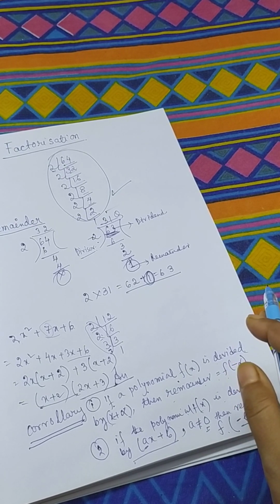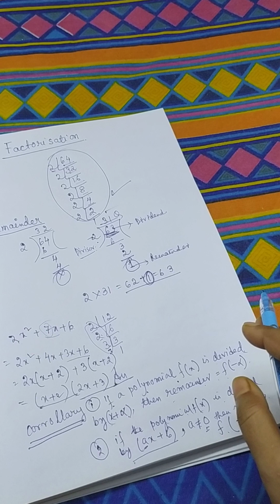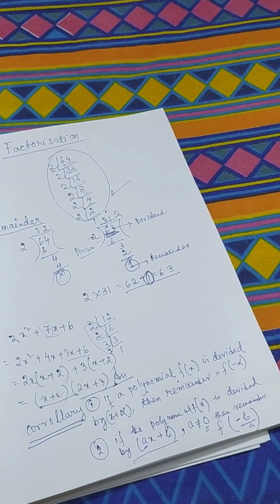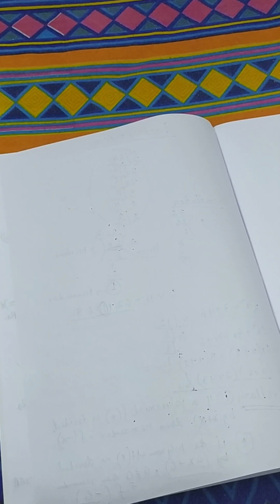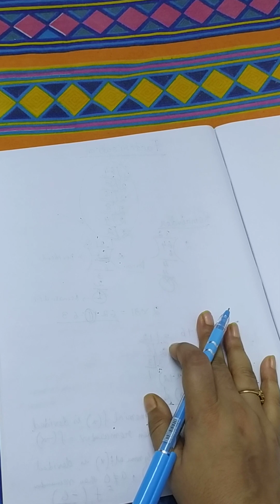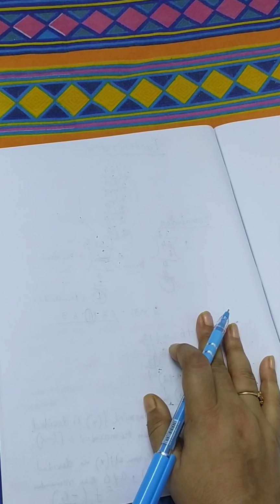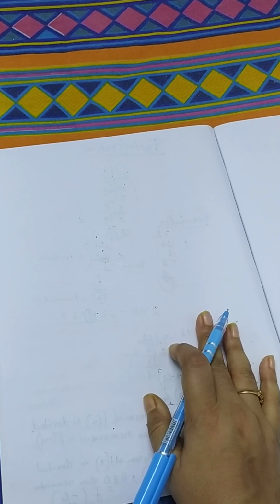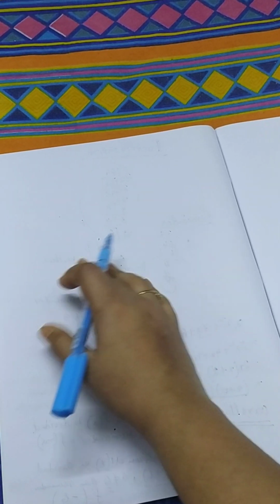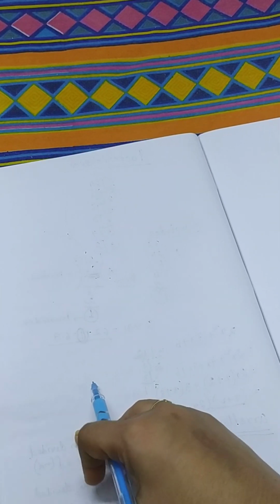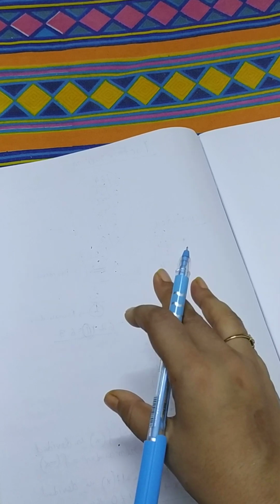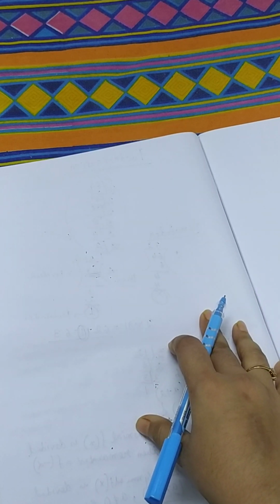Now I am giving you some examples. Just remember the earlier factorizations which we have solved. Now factorization is nothing but multiplication of two roots.